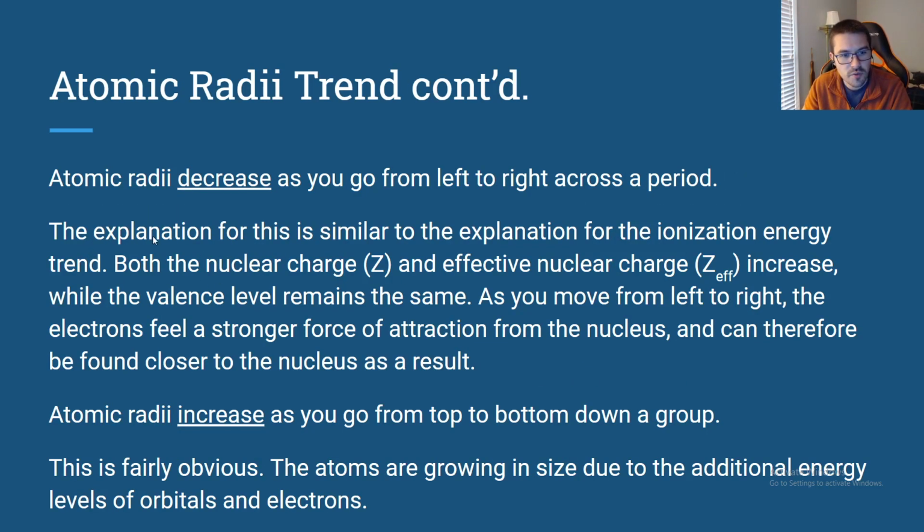It says, the explanation for this is similar to the explanation for the ionization energy. And in fact, all of the trends seem to have very similar explanations, right? It really does all boil down to nuclear charge, distance from the nucleus, Coulomb's law, those sorts of things. So both the nuclear charge and effective nuclear charge are increasing as you go from left to right.